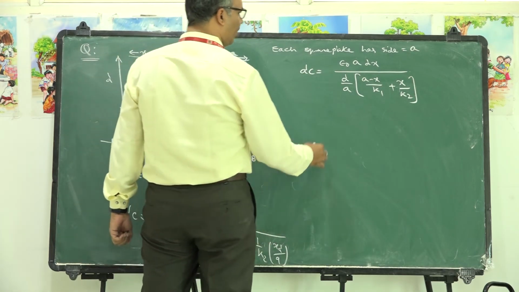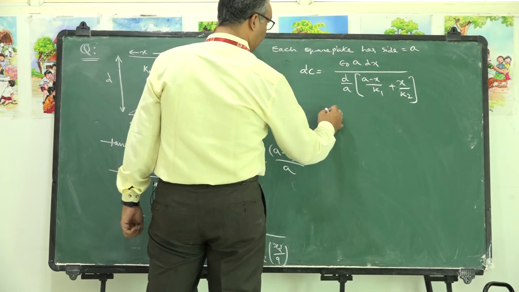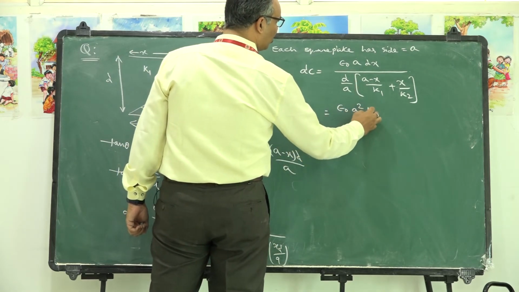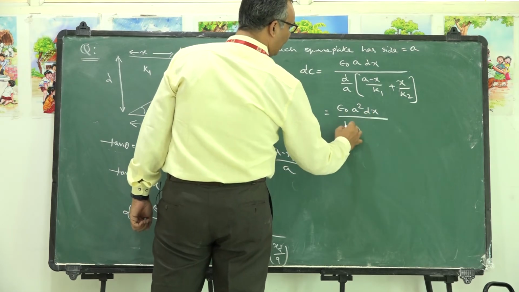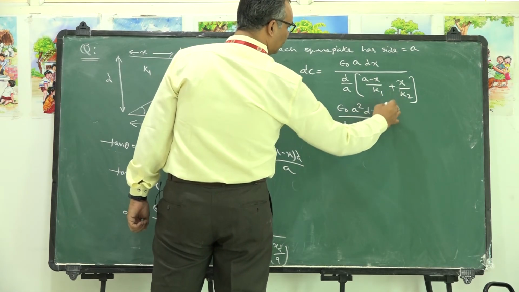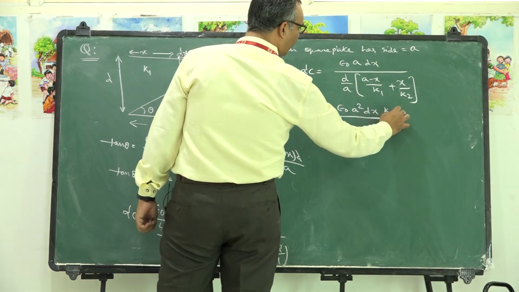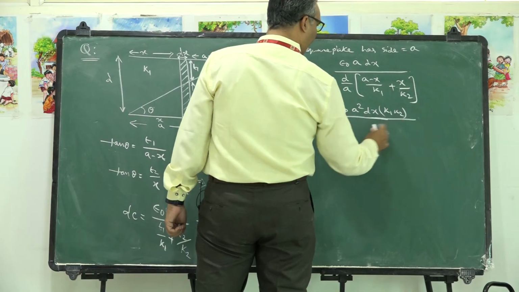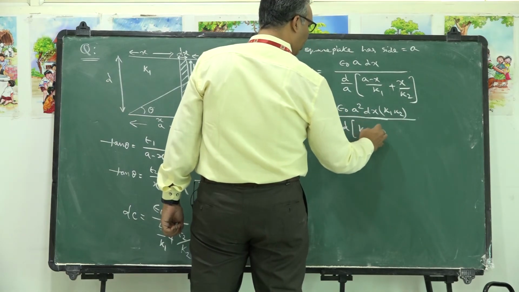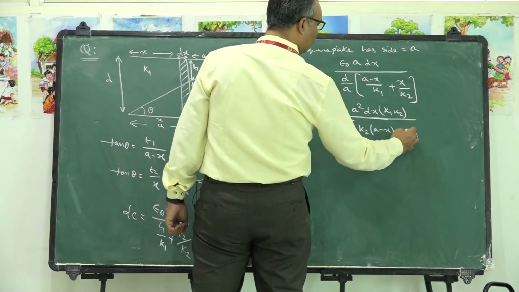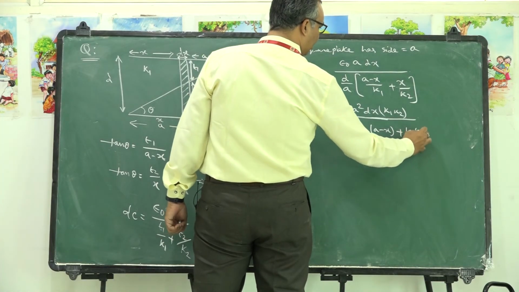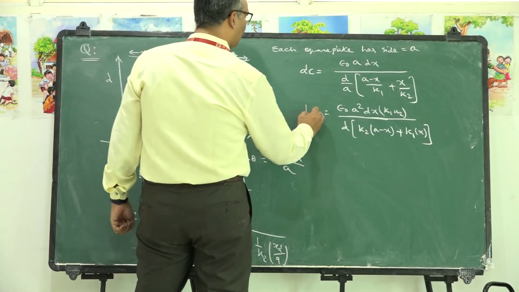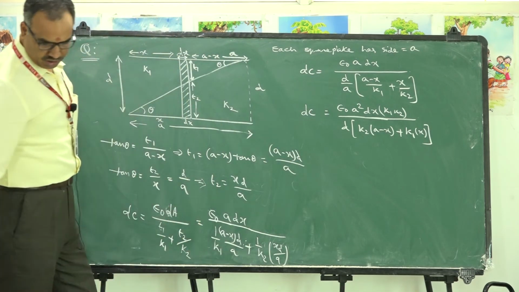Then if I further simplify this, A will go up: epsilon naught A square dx by d, and the LCM here is K1 K2, which will go to the numerator part. In the denominator, K2 into (A minus x) plus K1 into x will come. This is the capacitance of the small elemental capacitor.